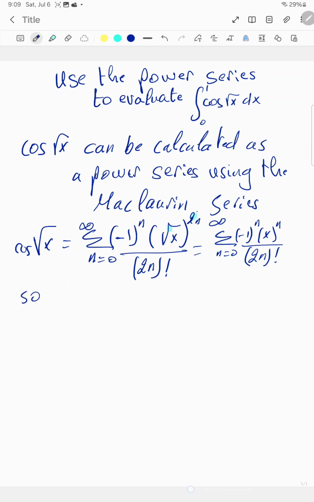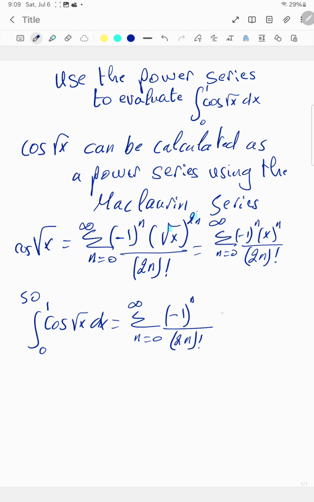So the integral between 0 and 1 of cosine square root of x dx is equal to the sum when n equal to 0 to infinity of minus 1 to the power of n divided by 2n factorial integral of x to the power of n between 0 and 1 dx.